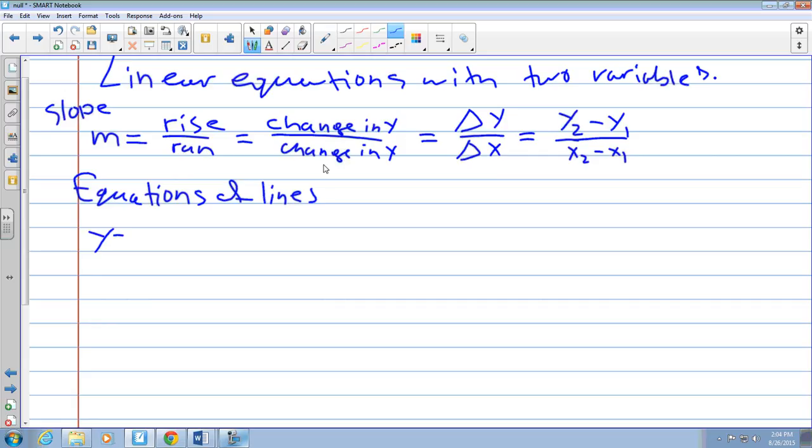So y equals mx plus b. And you already knew that m is the slope. That's the y-intercept, right? And we call this slope-intercept form because it has a slope and an intercept.